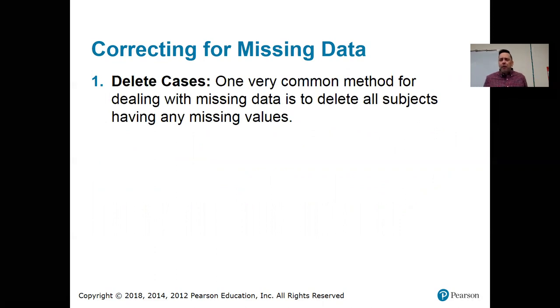And let's say for some reason I didn't have one of those things about one student. One way I could fix that is to say, okay, I collected a sample of 100 students. 99 is almost as good. I'll just leave that one out completely rather than use some of their data, but not all of their data. So just leave that person out.